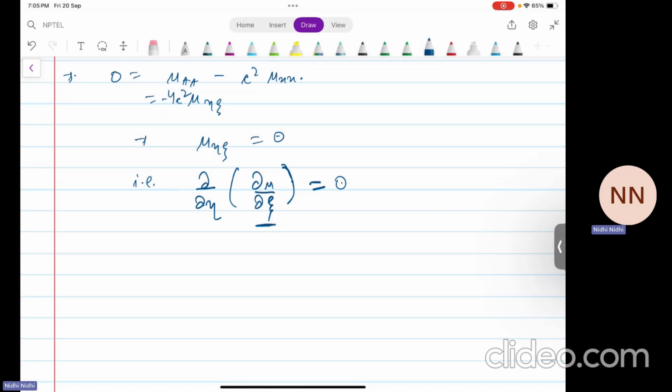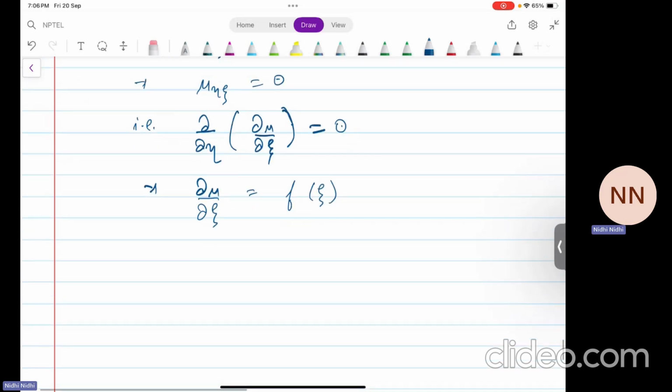That means it is a function which does not depend on eta, that means it depends completely on zeta.